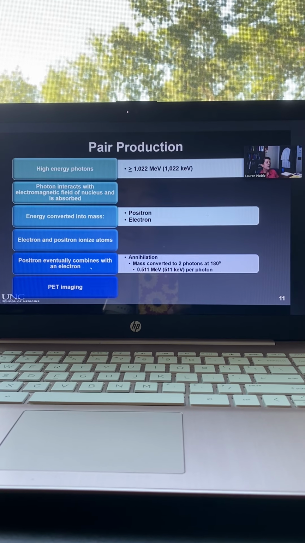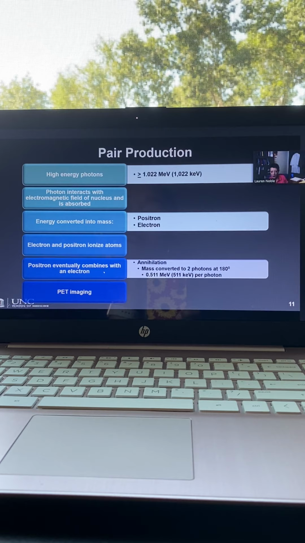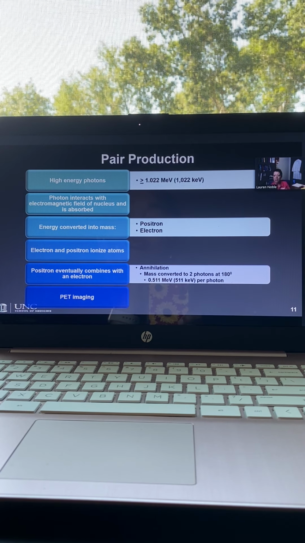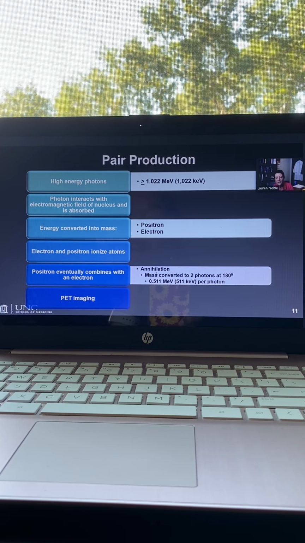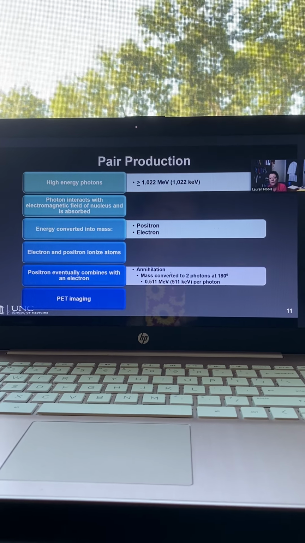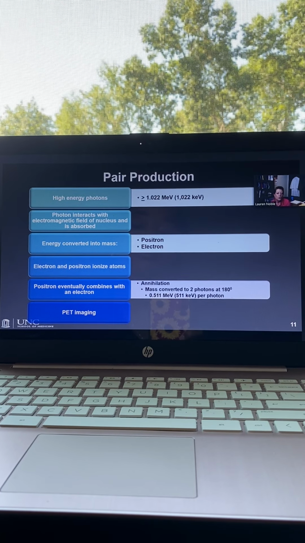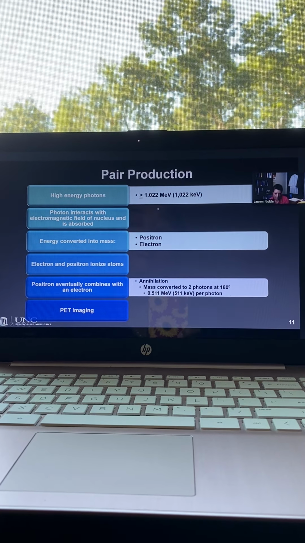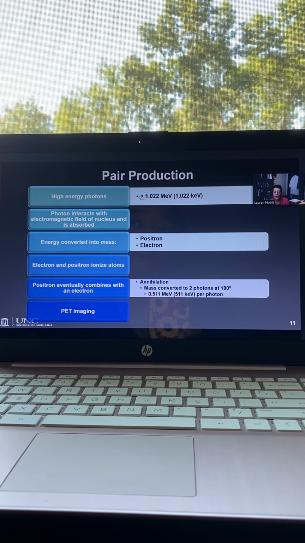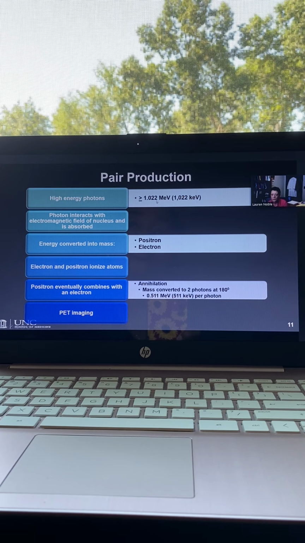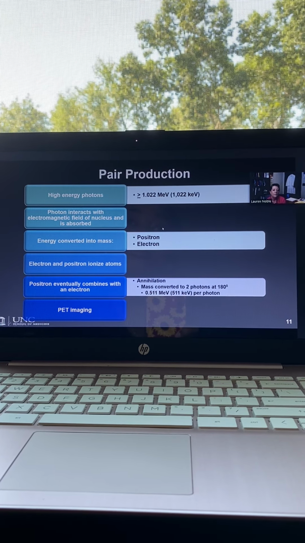Then the positron and the electron will try to recombine. They crash into one another, and it's referred to as an annihilation event. Did you mention that term, annihilation event? Okay. Make sure you know it's very high energy, greater than or equal to 1.022 mega electron volts, which is the energy the photon has to have.